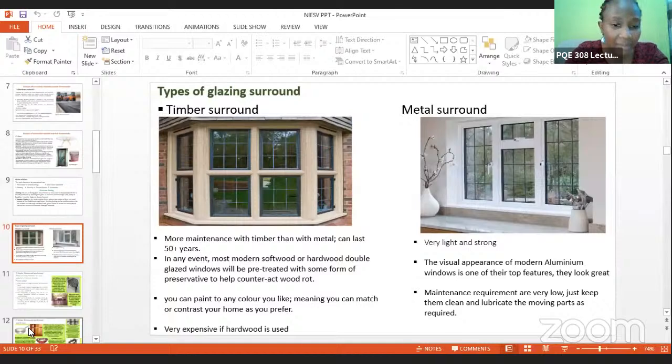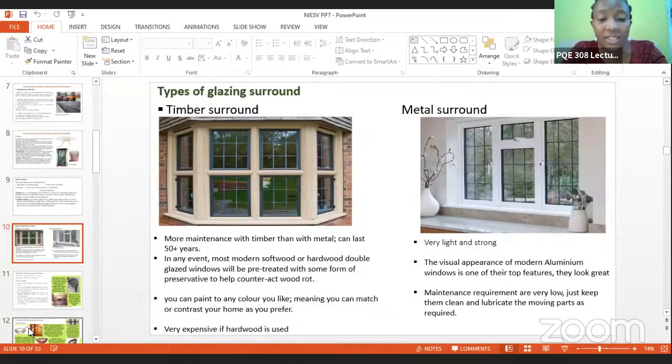For the timber, it requires more maintenance than metal. It can last 50+ years if you use a very good wood. You can paint it. If your house is green and you use a timber surround or a timber frame, you can paint it to the color of your house or anything to match your preference.